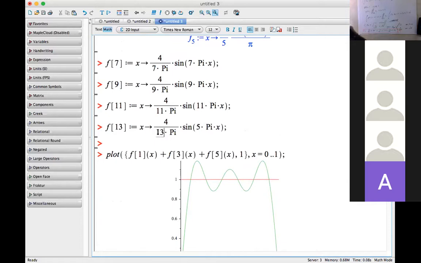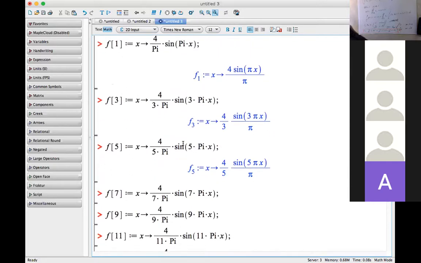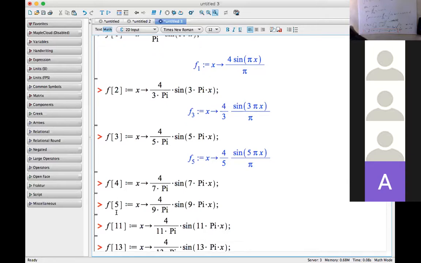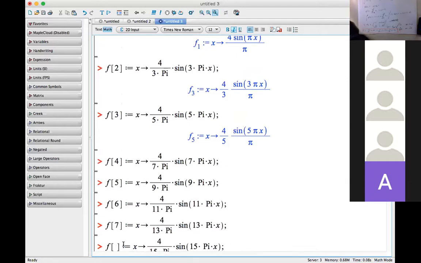Make this 13. And let me just renumber these actually. I'm just going to call this the second one, third, fourth, fifth, 6, 7, 8.